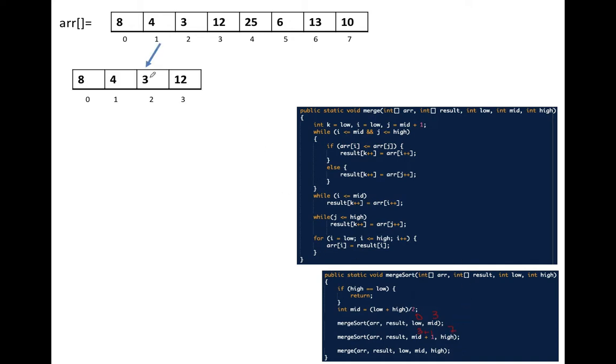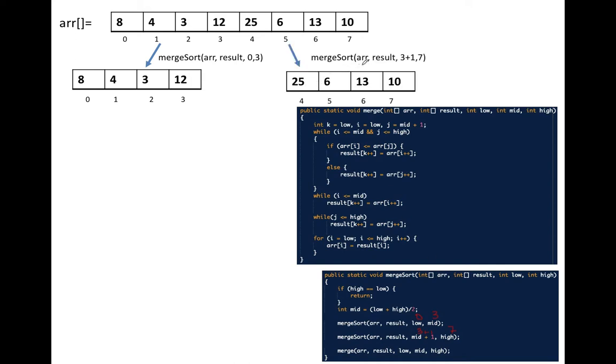So the first call will give me the left subarray, and how do we get that? Because of this call, that is merge sort array result 0 and 3. And then this is my second call, which will give me the right subarray, that is array result 3 plus 1 and 7.